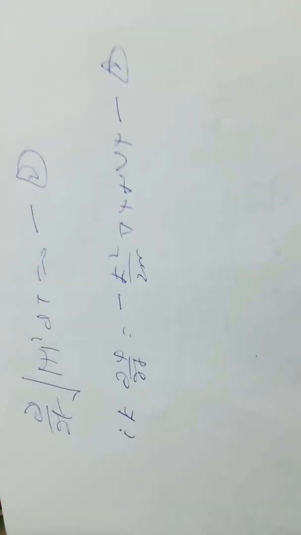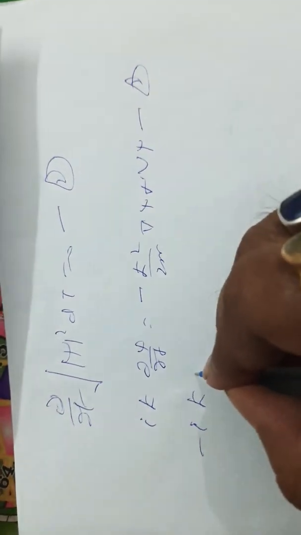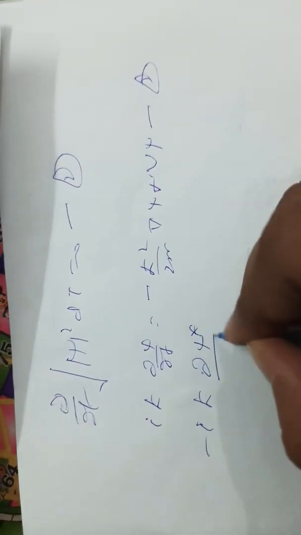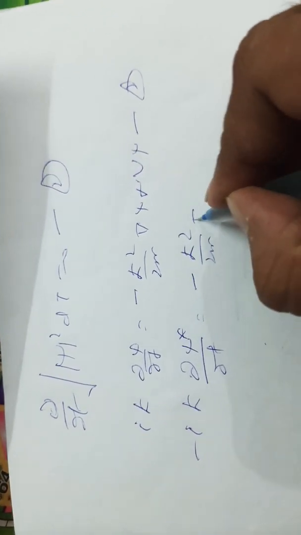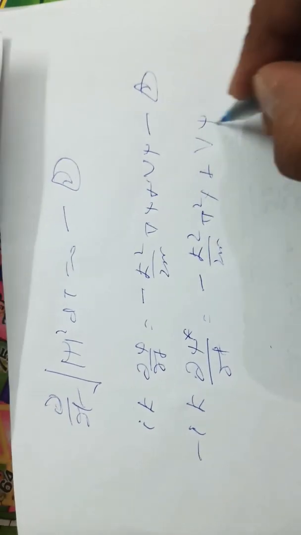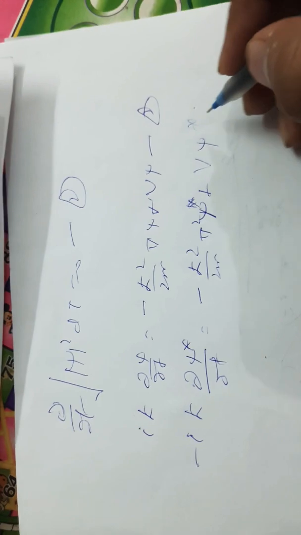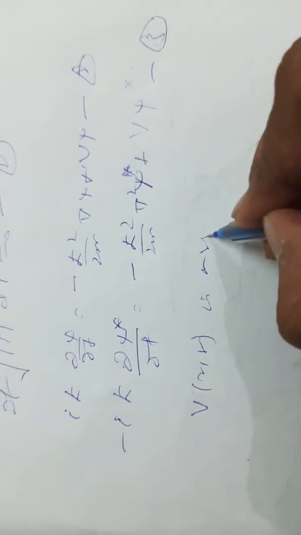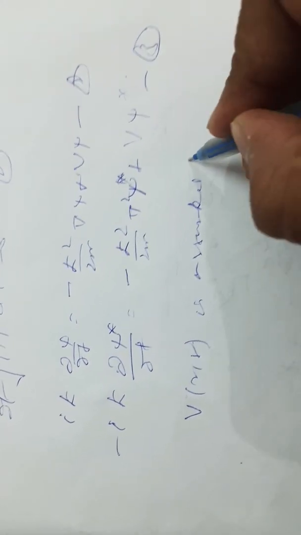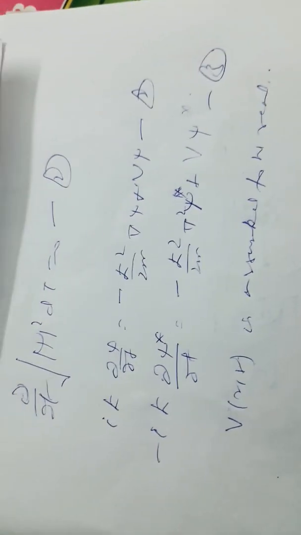Along with its complex conjugate, we write minus i h cross del psi asterisk by del t equal to minus h cross square by 2m del square psi asterisk plus V psi asterisk. So this will be equation number 3, where V as a function of r comma t is assumed to be real.